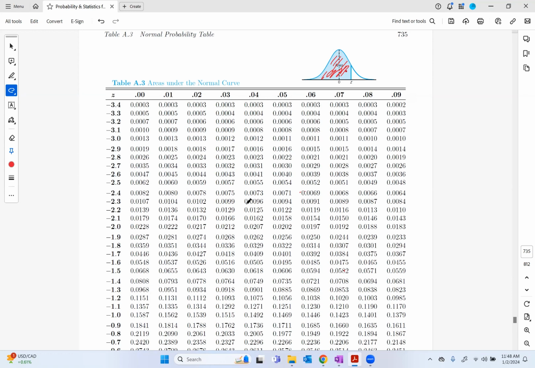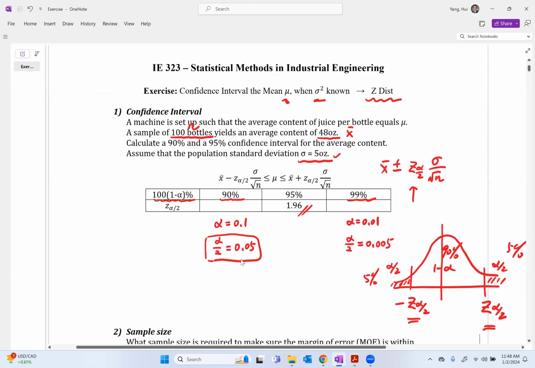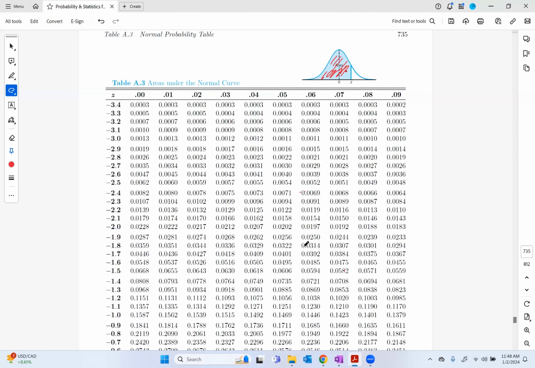In the table, this is the probability, and we need to find this area of 5%, 0.05. Let's go into the table and find 0.05.